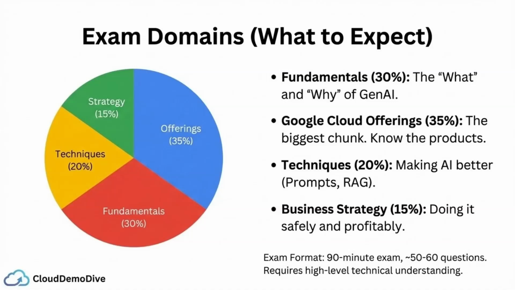These are the four main pillars. It's a total of 90 minutes of exam, in which you have around 50 to 60 questions. Sometimes it might be less, like around 45-46 questions, but it's around 50 to 60 questions to complete in 90 minutes.